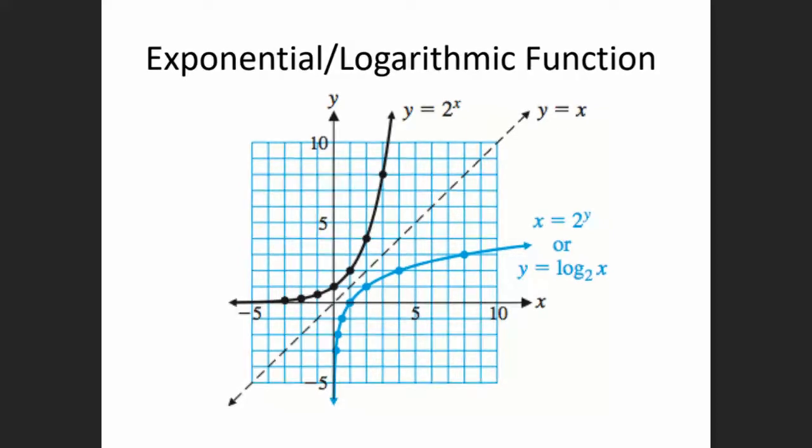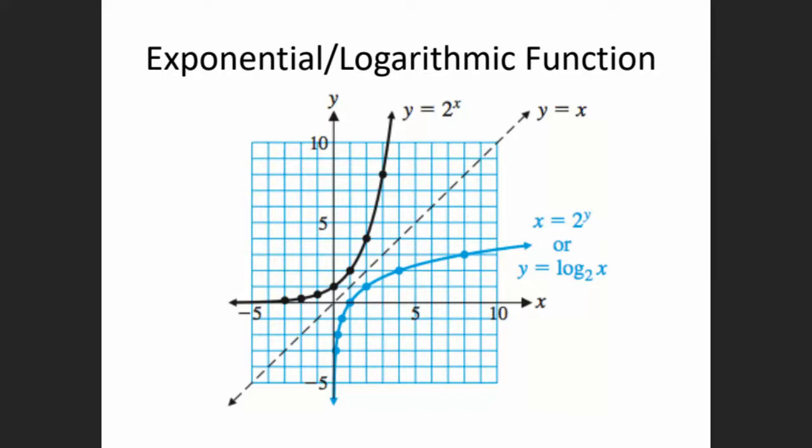Inversely, the log has, instead of a horizontal asymptote, a vertical asymptote. My log function has a vertical asymptote at x equals 0, and it has an x-intercept at 1. Again, it's a smooth curve.